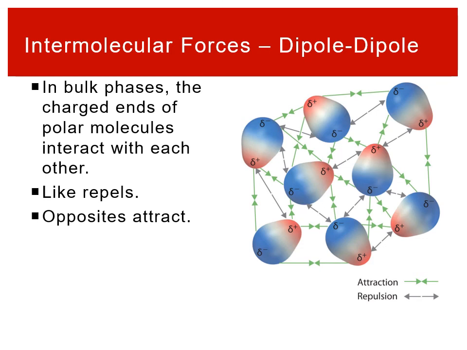So these dipole-dipole interactions are going to be one of the main driving forces of how molecules interact in the bulk phase. Because if molecules have positive ends and negative ends, those are positive and negative charges that are going to interact with each other. These dipoles are always there, and like charges repel each other, opposites attract.